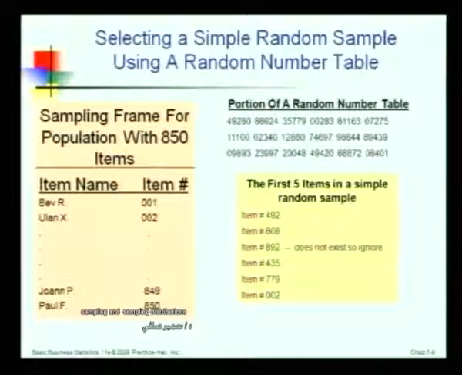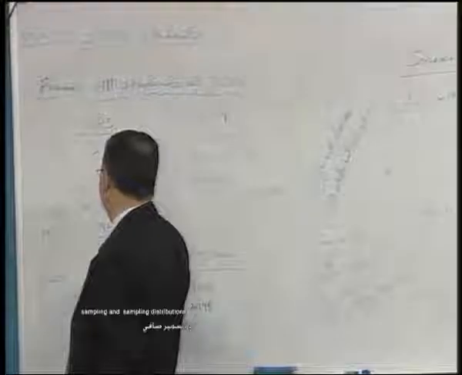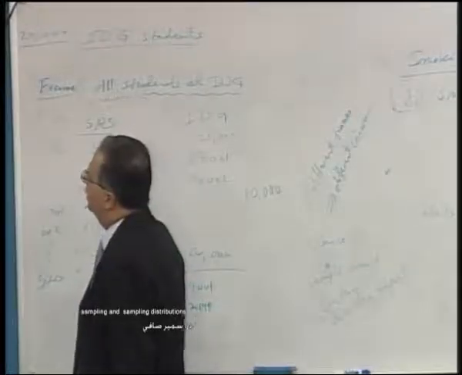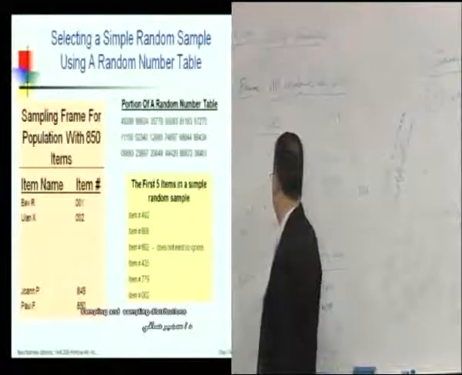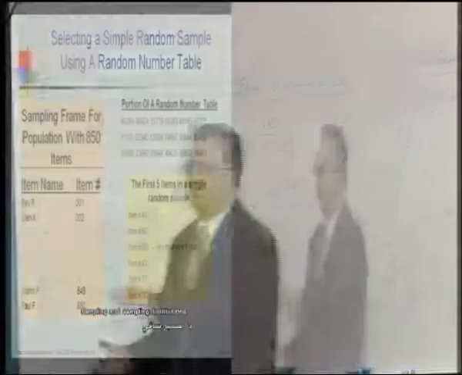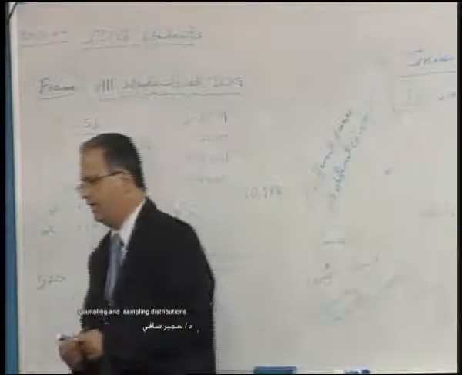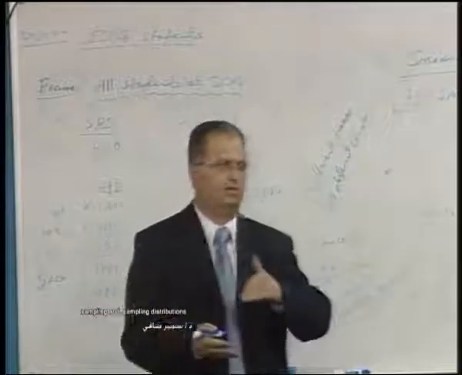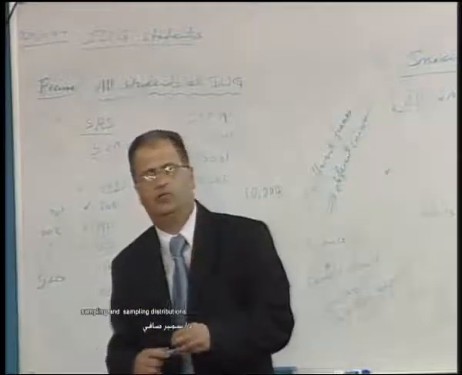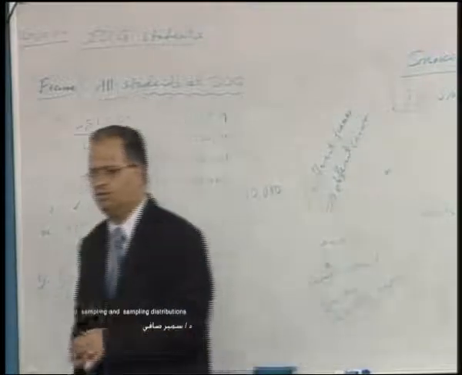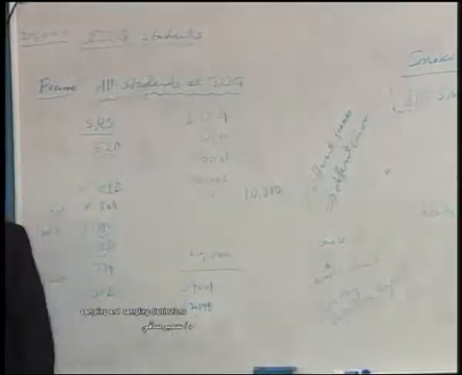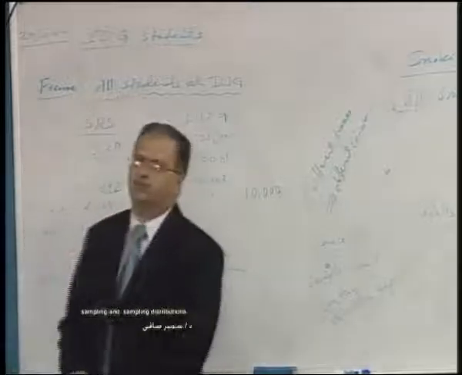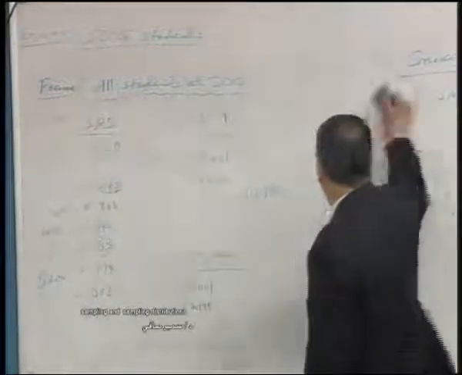Now 779 should be selected. Finally, 002 should be selected. So these are the 5 numbers in my sample selected by using the random table. Any questions? Let's move to another part.